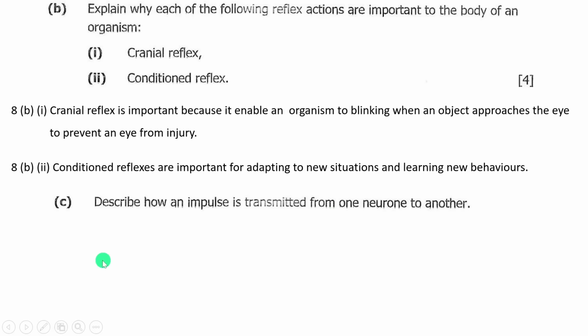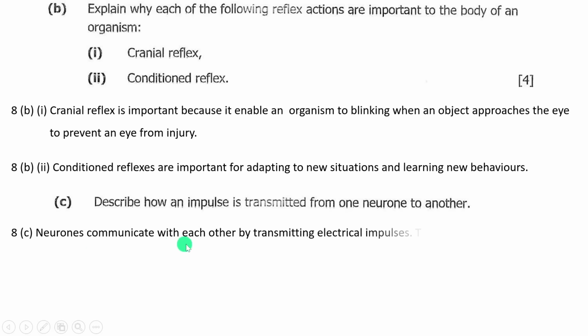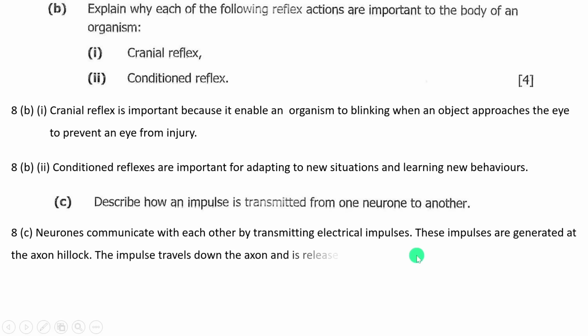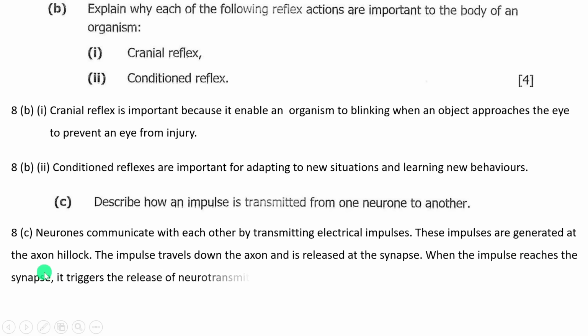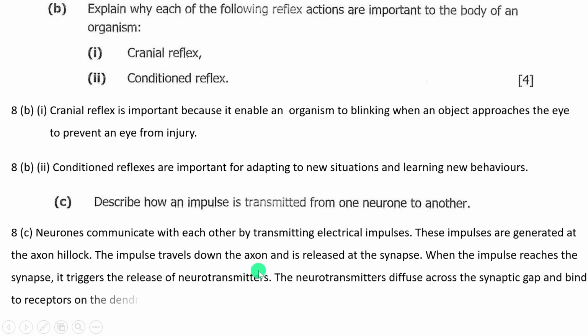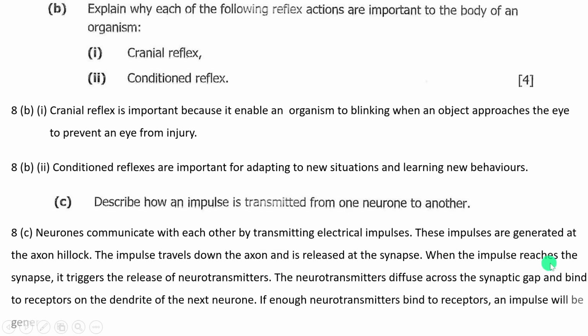Yeah. Then we move to the other question, C, which said describe how an impulse is transmitted from one neuron to another. So here we are going to say neurons communicate with each other by transmitting electrical impulses. These impulses are generated at the axon hillock. The impulse travels down the axon and is released at the synapse. When the impulse reaches the synapse, it triggers the release of neurotransmitters.